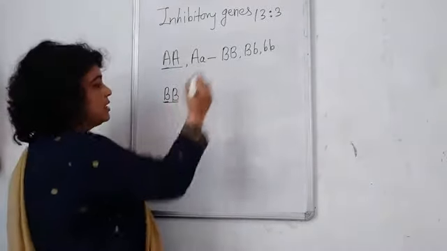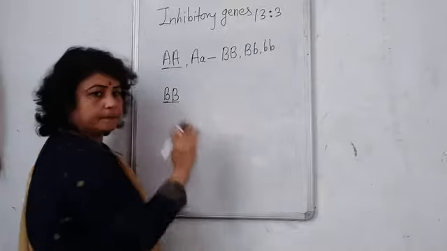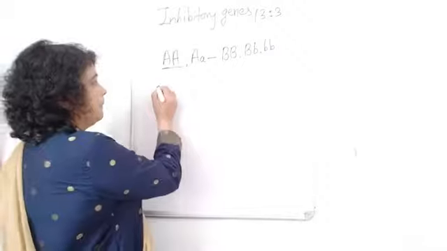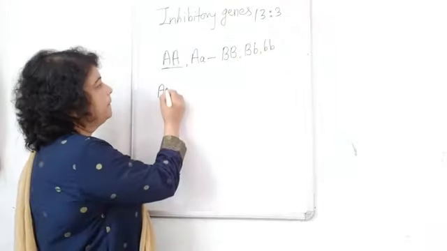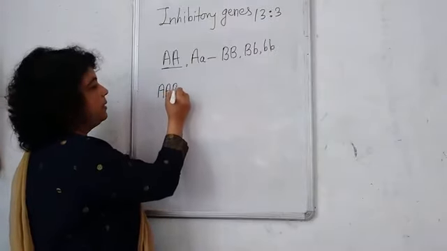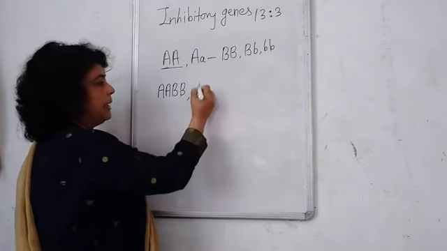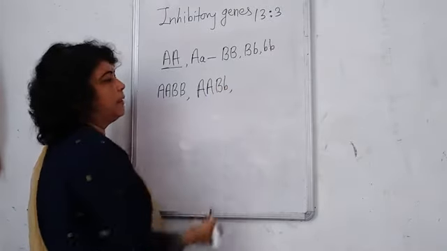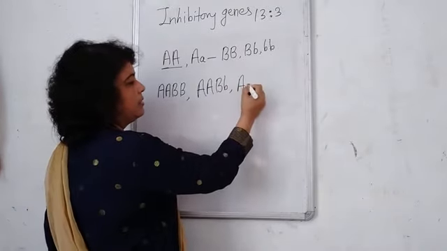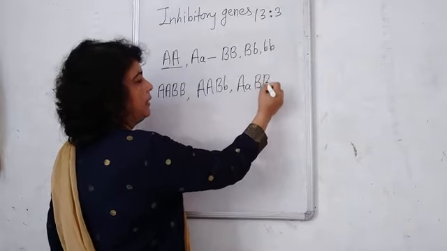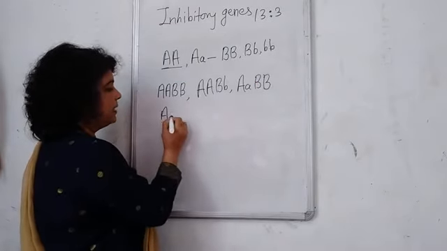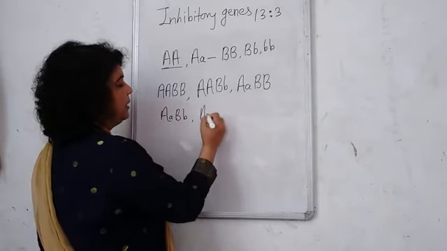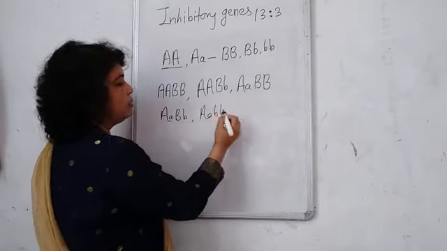So in such conditions, capital A capital A, capital B capital B; capital A capital A, capital B small b; capital A small a, capital B capital B; capital A small a, capital B small b; or capital A small b small b.